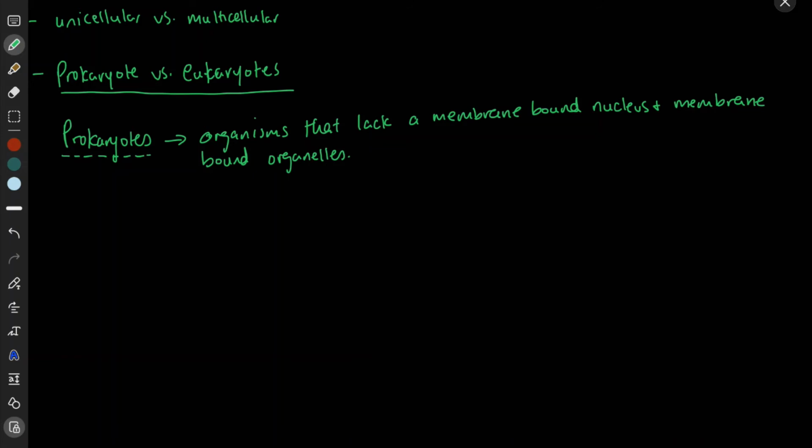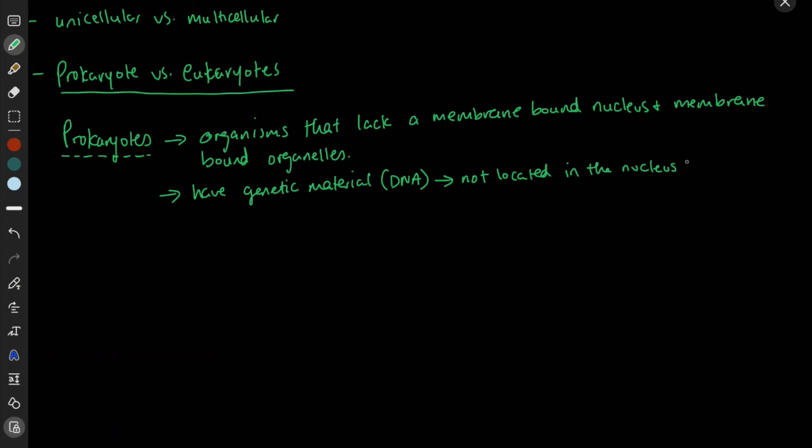They still have genetic material, in the form of DNA, but this is not located in the nucleus because they don't have a membrane-bound nucleus.